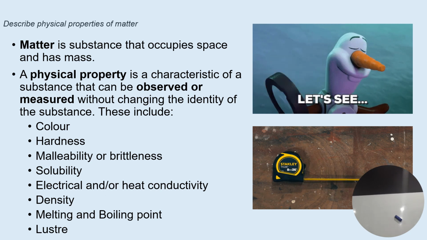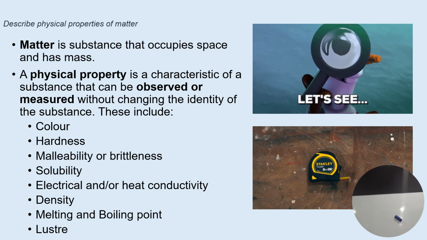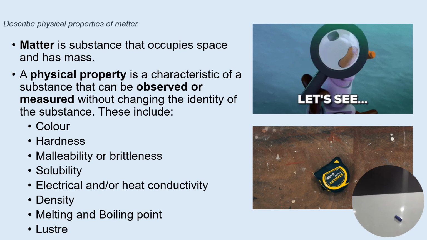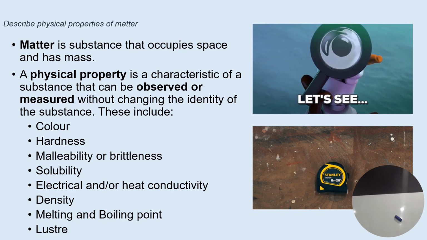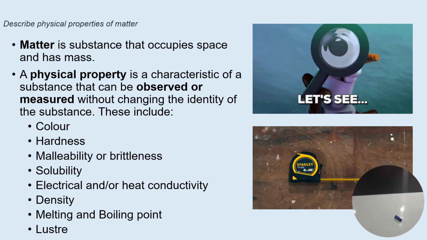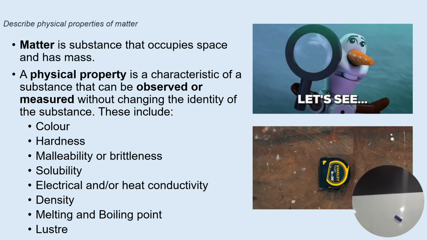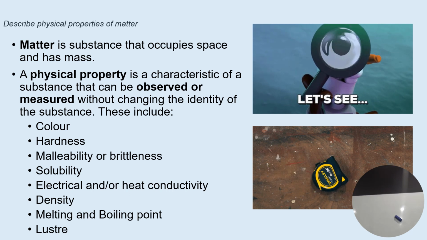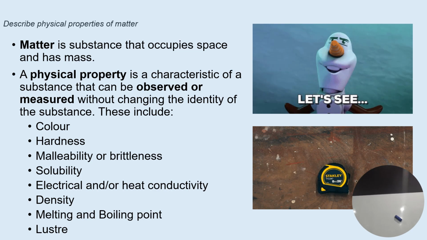When we're talking about physical properties, we're talking things like its colour, its appearance. What does it look like? Is it yellow? Is it grey? Is it blue? Is it white? So it's colour, it's how it appears. It's hardness. Hardness is a substance's ability to resist local deformation.